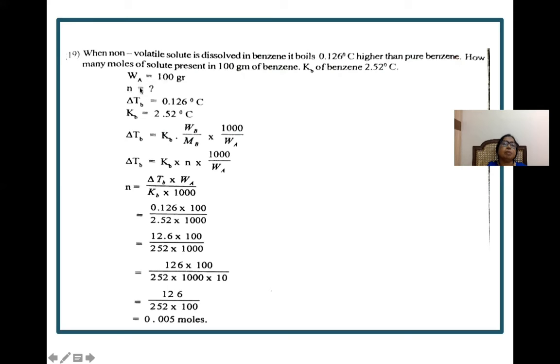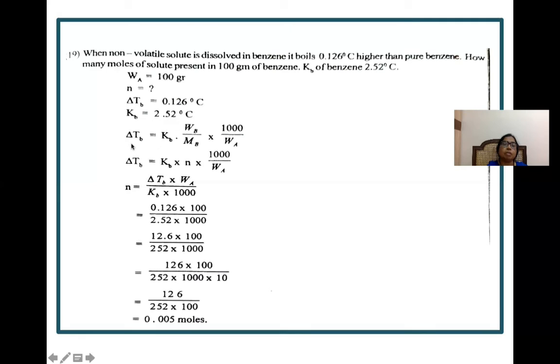N is the number of moles that we have to calculate. Delta TB is the elevation in boiling point, given in the problem as 0.126 degrees centigrade. Kb, the molar elevation constant, is also given here, that is 2.52.